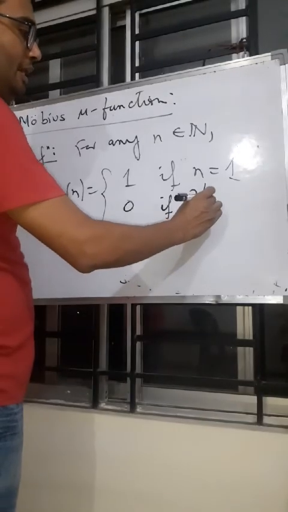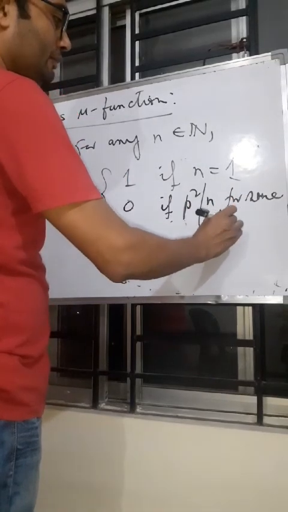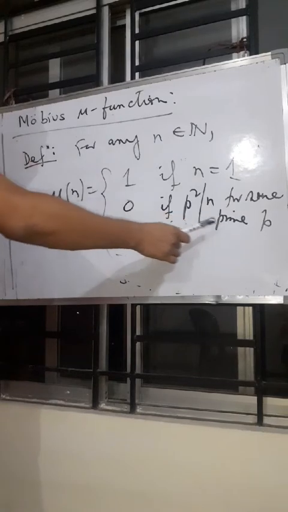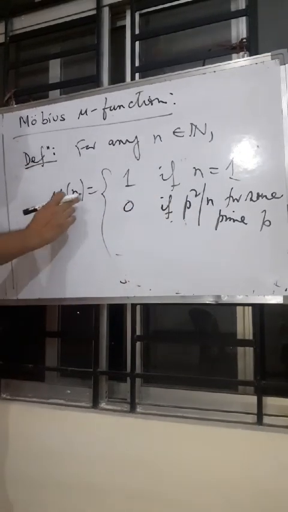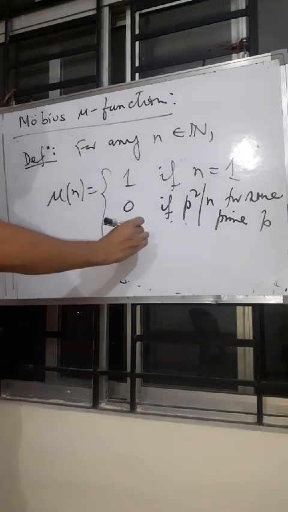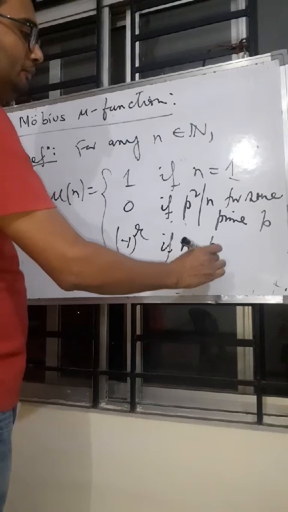Mu of 1 is 1. It is 0 if p square divides n for some prime p. If for some prime p square divides n, then mu of n is 0. Otherwise it is minus 1 power r, if n is equal to a product of r distinct primes.